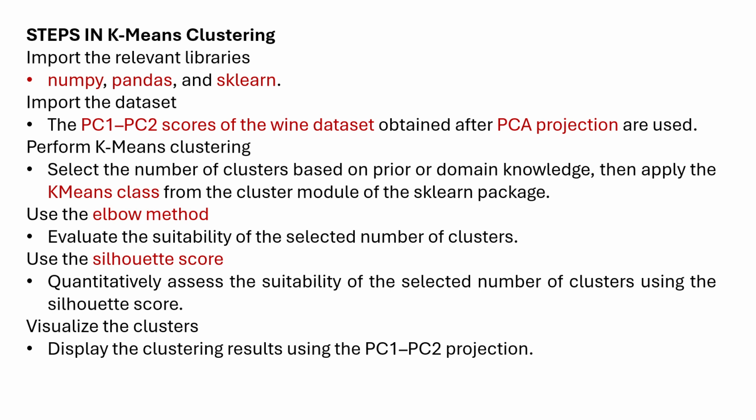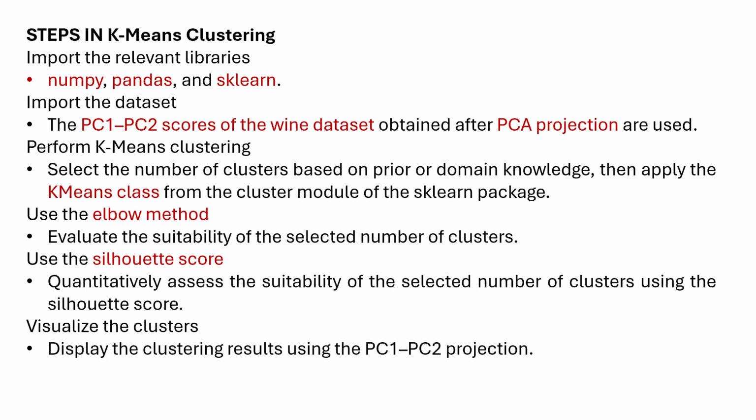Having discussed the basic concepts behind k-means clustering, we are now ready to implement the algorithm in Python. As mentioned earlier, this example continues from the principal component analysis presentation and uses the same wine dataset.